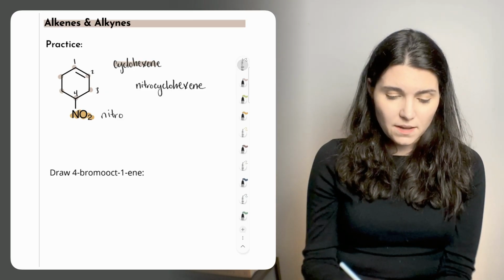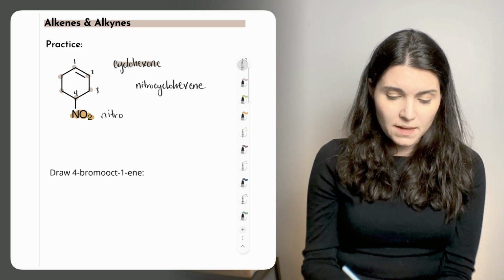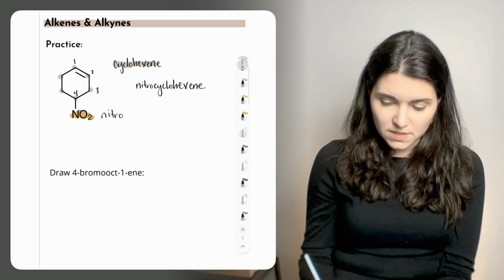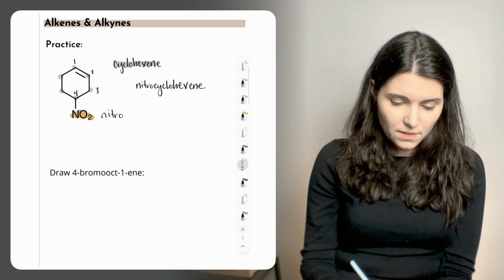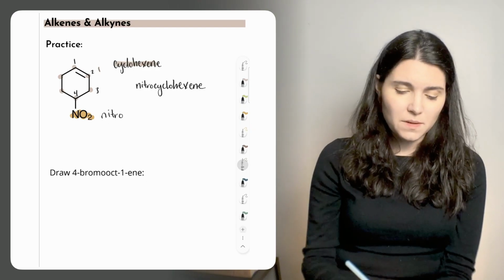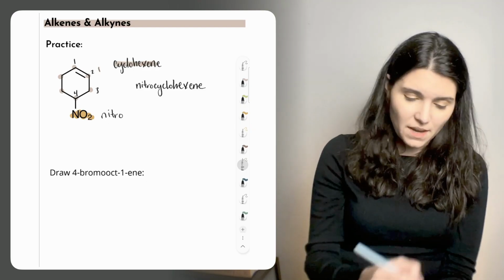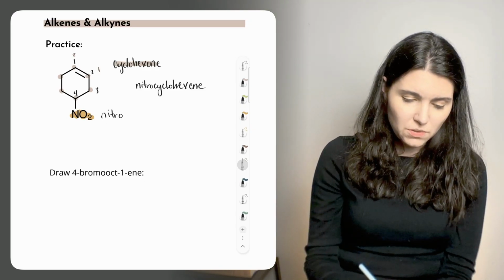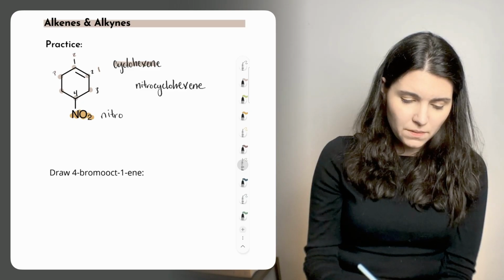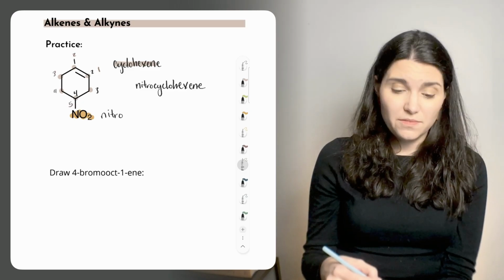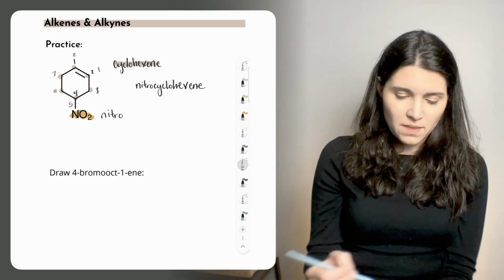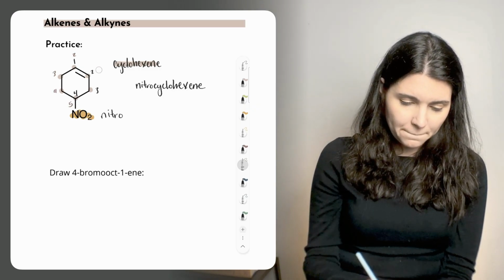If we did the other end of the double bond as number 1, this is just to show you what would happen. If we gave this the number 1, we'd have to number the other side of the double bond as number 2, and then we'd have to go around the ring this way to get to the nitro, so that would give it 5. So the black numbering that I did is better.